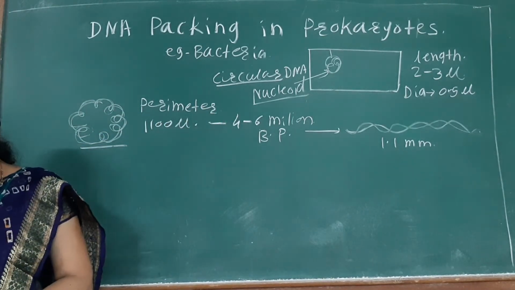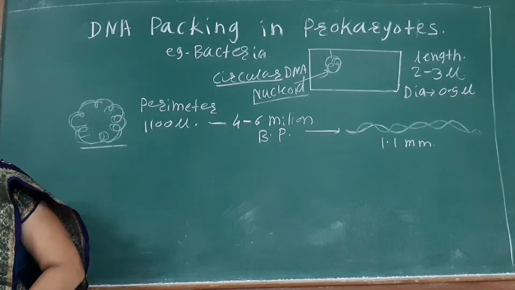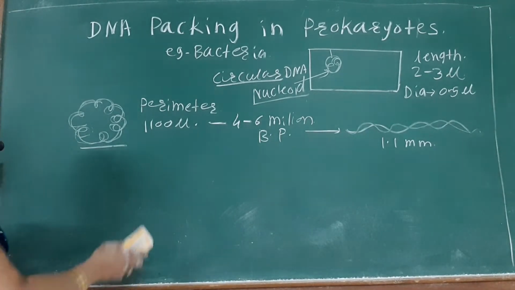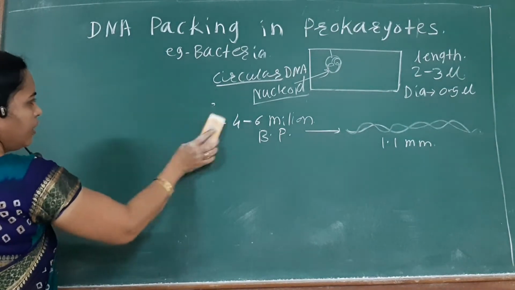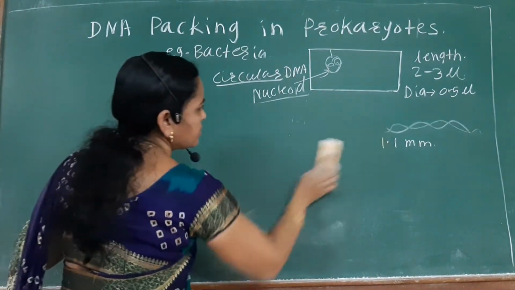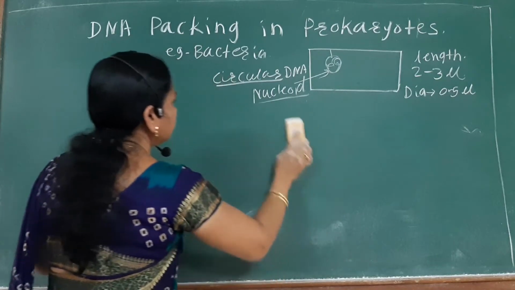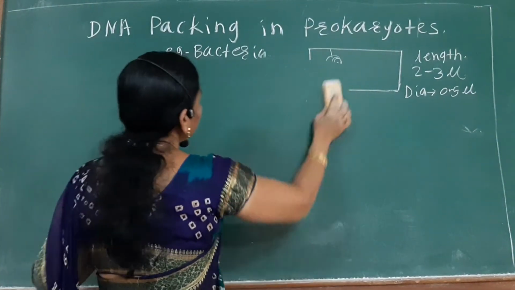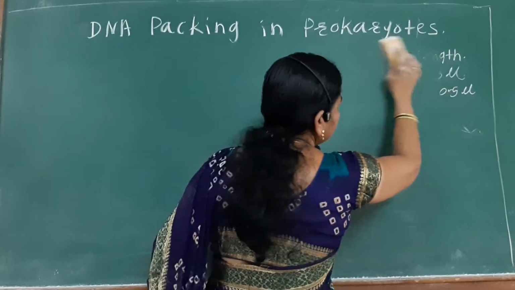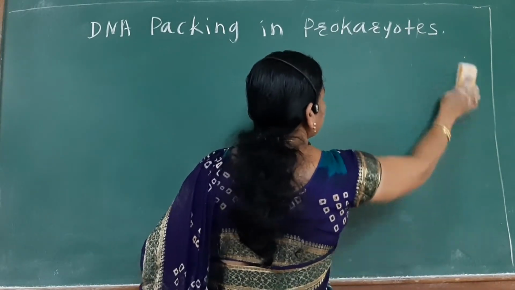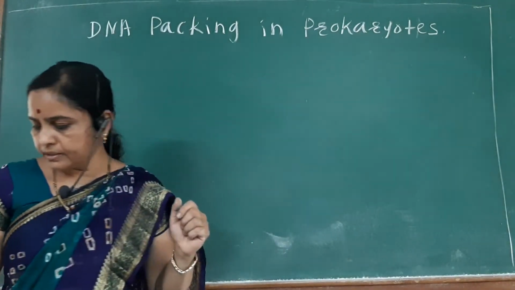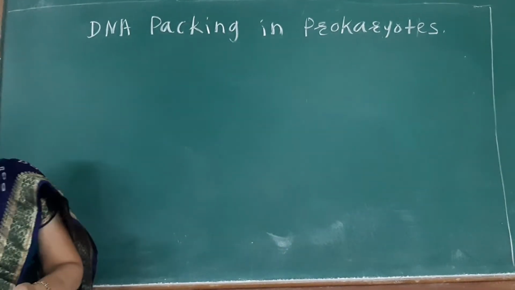So how does the DNA get accommodated into the cell? Let us see the DNA in the circular form without folding.